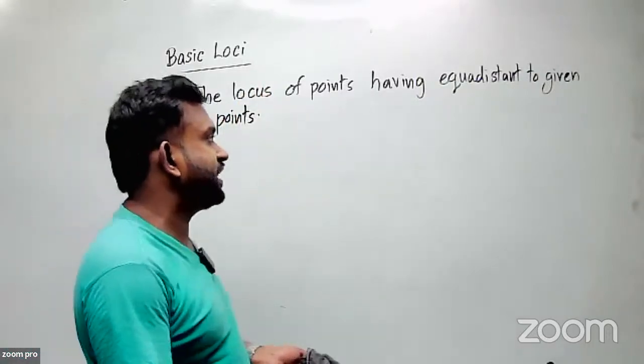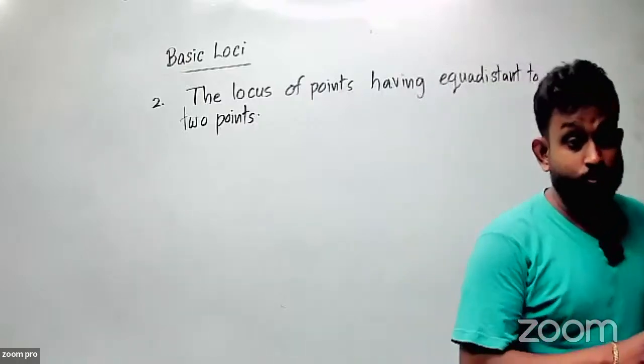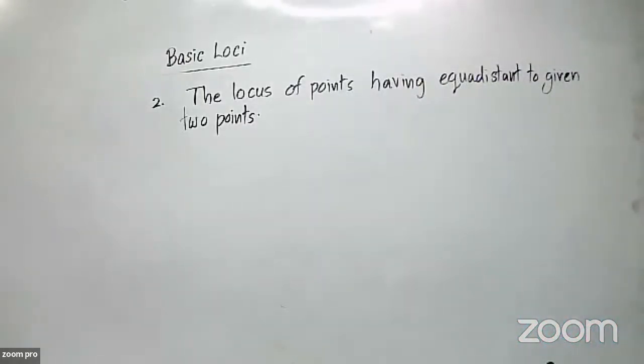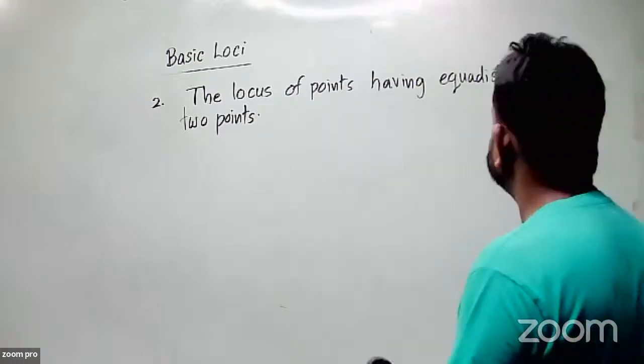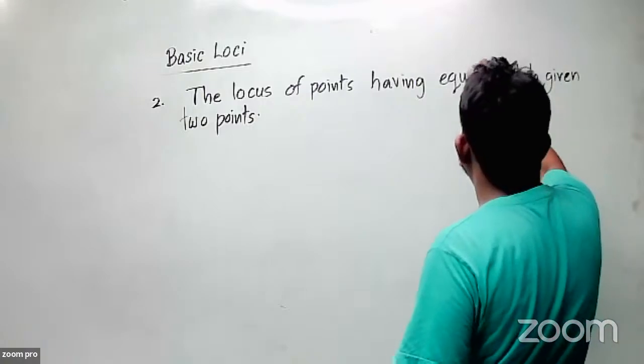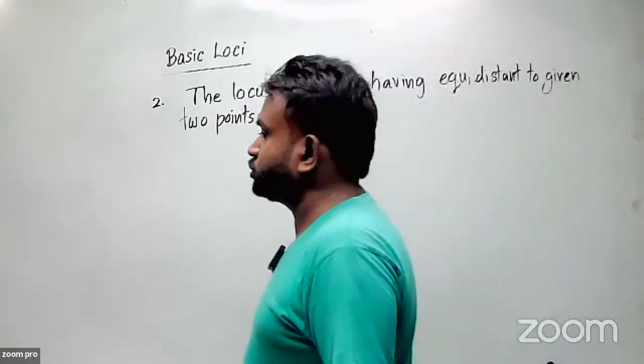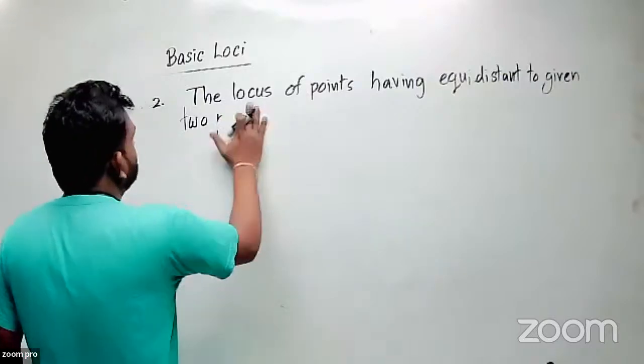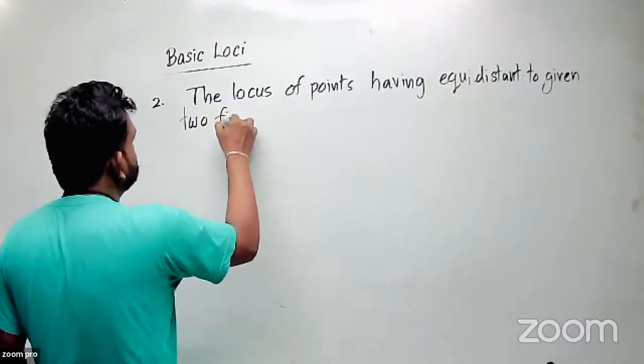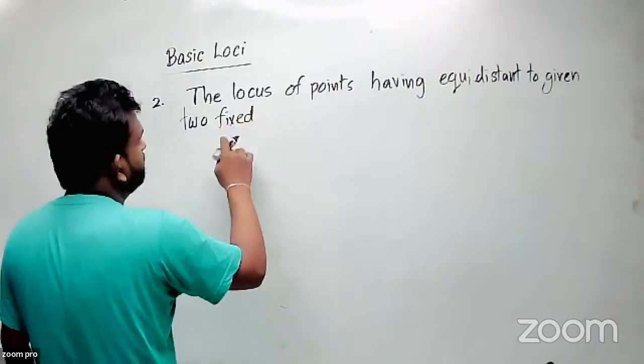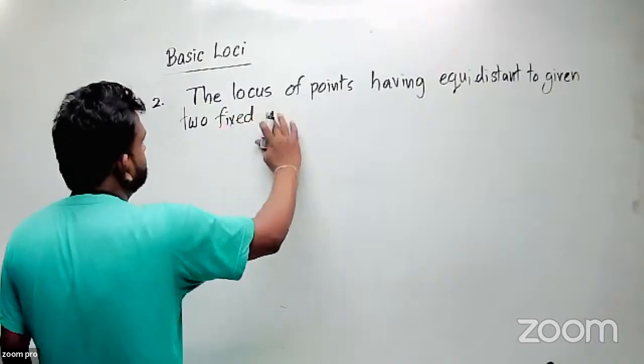The locus of points having equidistant to given 2 points. මෙතන වචනේ දාගන්න to given two fixed points. The points are fixed.